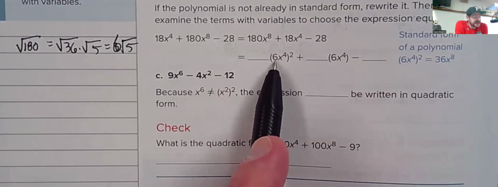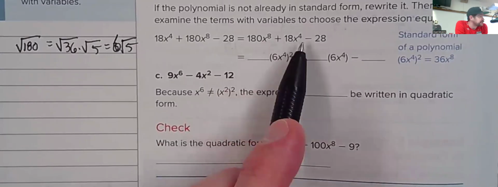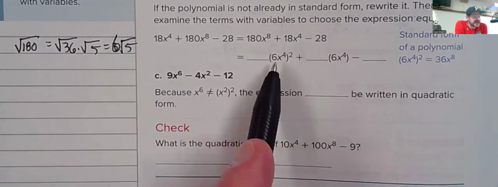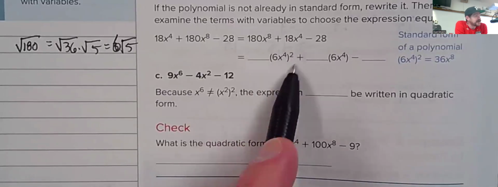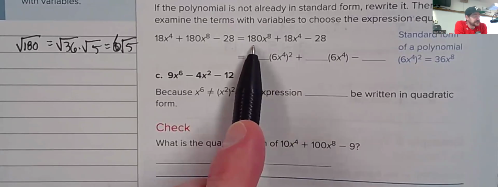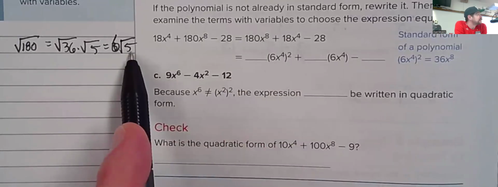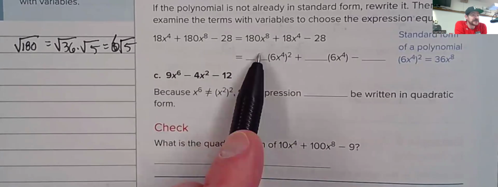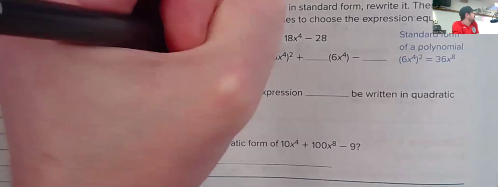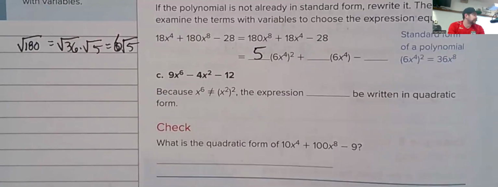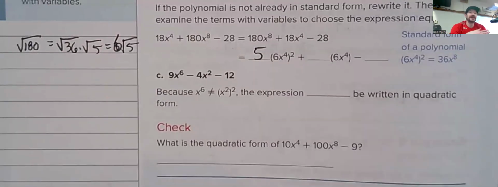And since x to the 8th power is equal to x to the 4th squared, you actually get 6x to the 4th squared. And if you divide out a 36 from 180, what's left over is 5. And so the 5 is what goes here. It's not under a square root because, like I said, we're not actually simplifying a square root, but we're doing a similar process to simplifying a square root.